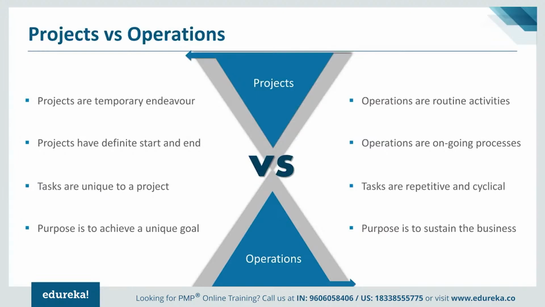Tasks are unique to a project. So every project outcome that we get is unique. When you undertake a project, you are creating an outcome which is a unique product, a unique service, or some unique result by the end of that project. A project is also undertaken in order to achieve a unique goal. There should be some unique goal which is drafted at the beginning of the project.